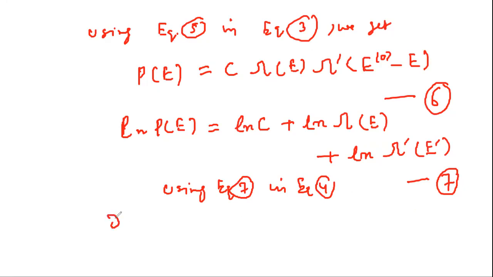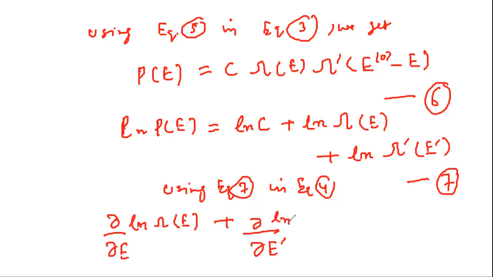I get ∂/∂E of ln of sigma of E plus ∂/∂E prime of ln of sigma prime of E prime times minus 1 is equal to 0.